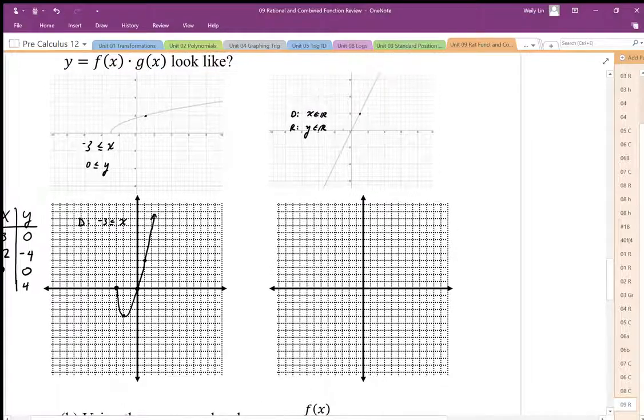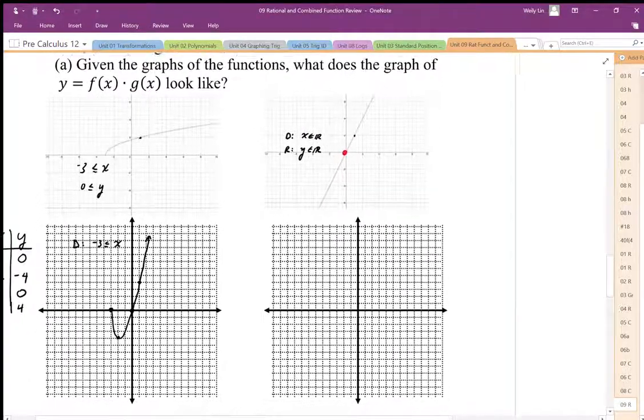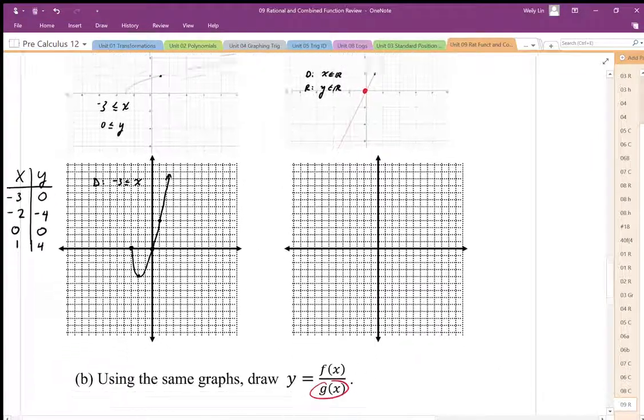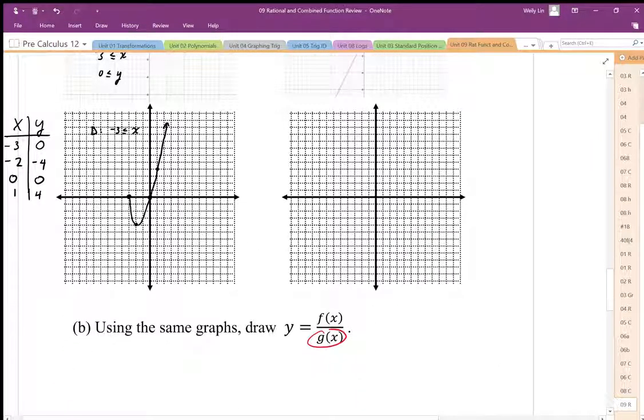We know that 0 can't work. So based on this f and g, our domain of this new function is going to be x greater than or equal to -3, but x cannot be equal to 0, so we would expect a vertical asymptote at 0.